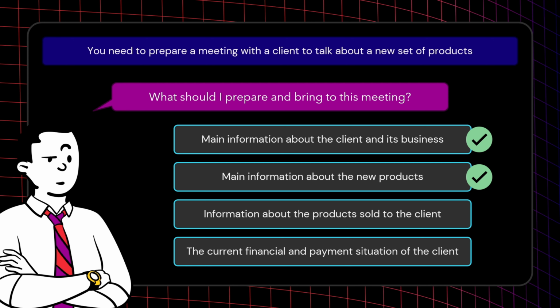But now let's look at the information about the products sold to the client. Just notice that I'm not talking here about the last 3 months or last week, or about aggregated information, like what are the top products that this client buys. I'm stating here that we need to memorize the information about the products sold to the client.